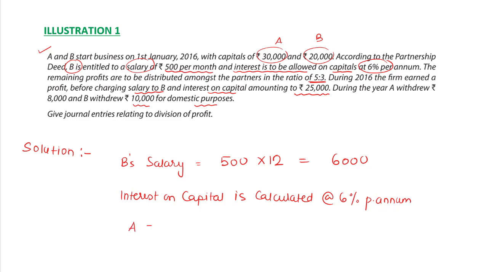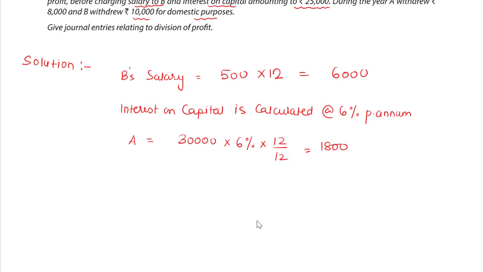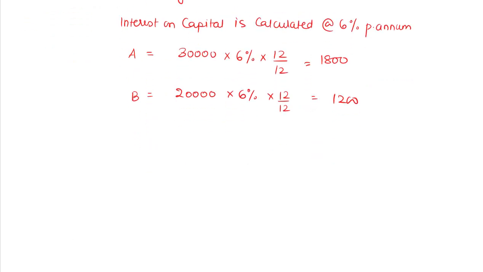We'll calculate interest on capital for A. So 30,000 multiplied by 6%, 1800, and 20,000 at the rate 6% is 1200. So this is interest on capital, and accordingly the profits is to be distributed.